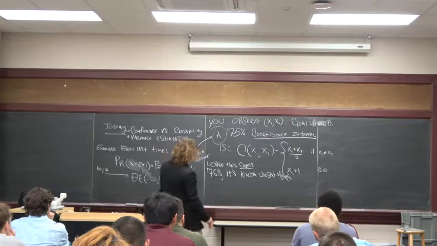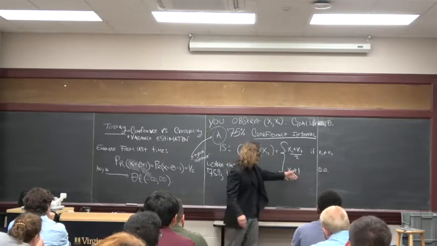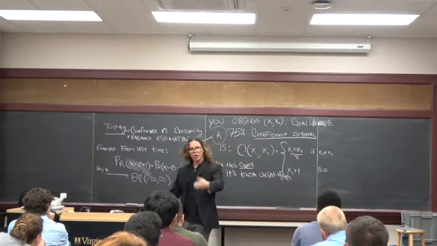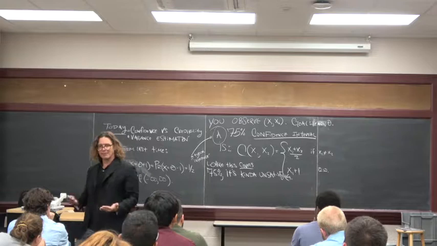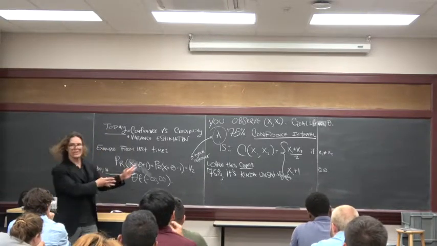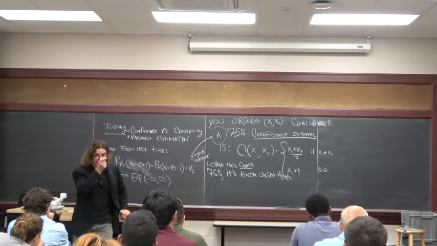You would rather say 50% chance of that, 50% chance of the other thing, or 100% if it's this. So confidence is a statement about the process. It's not a statement about the exact conditional data that you see. It's conditioned on the data, but the probability is coming from the process.